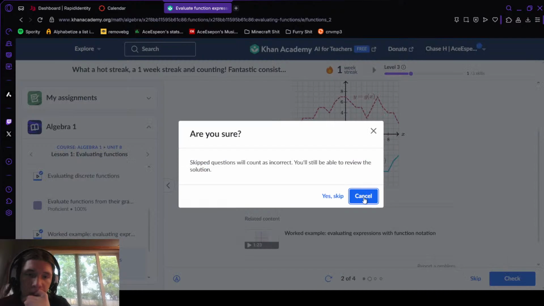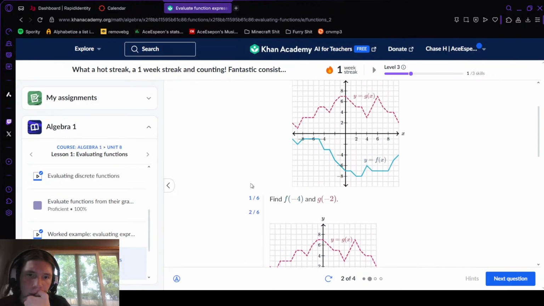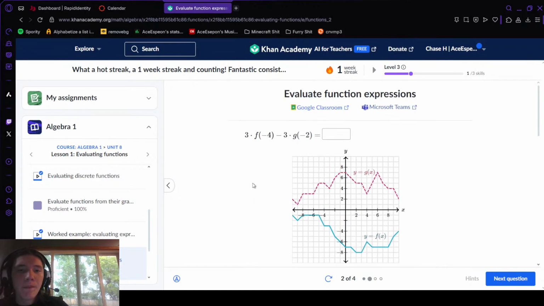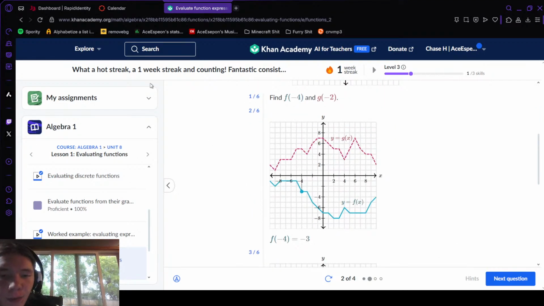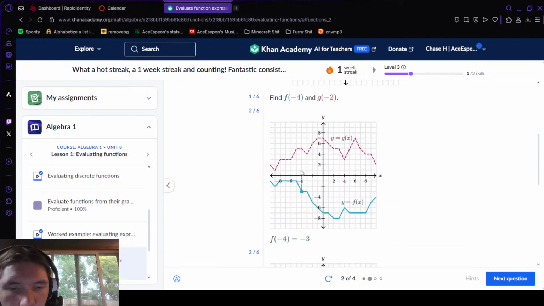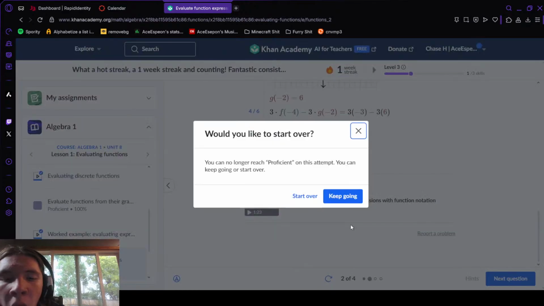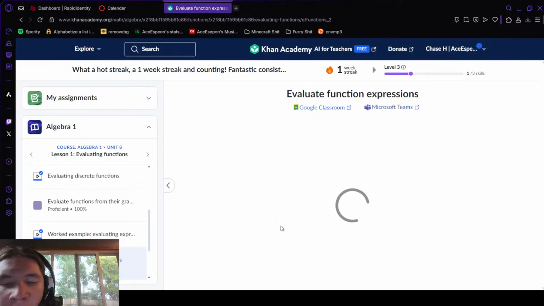Okay, F4, F negative 4 equals negative 3. Oh, okay, yeah.